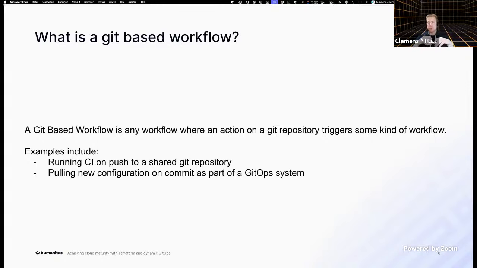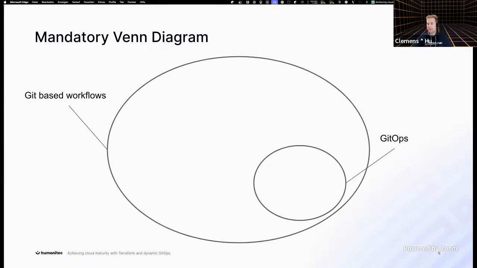Every time a developer commits something to his code repository and then a CI system builds that into an image of sorts or compiles it, this is a Git-based workflow. And there are tons of Git-based workflows in software development. And obviously, the mandatory Venn diagram: Git-based workflows is what the majority is doing, and GitOps is literally what the minority is doing.